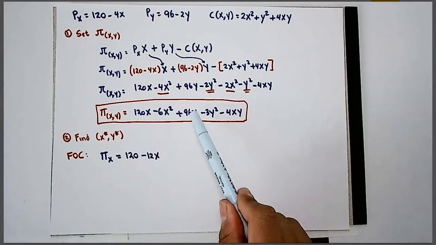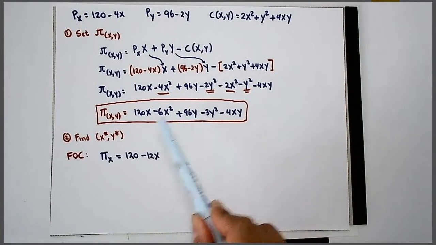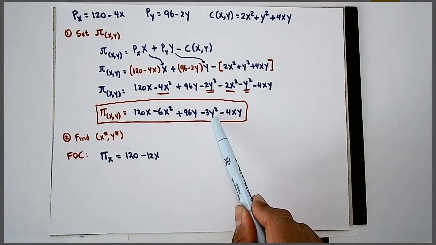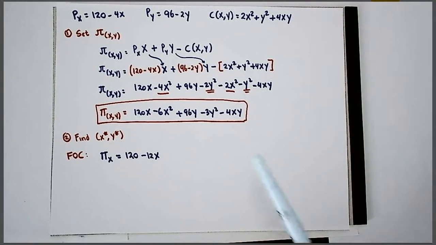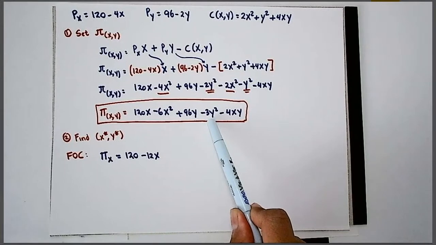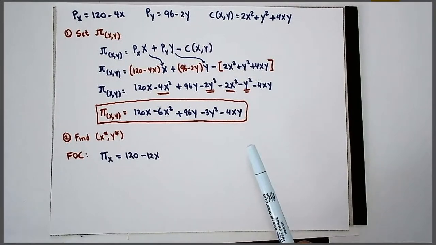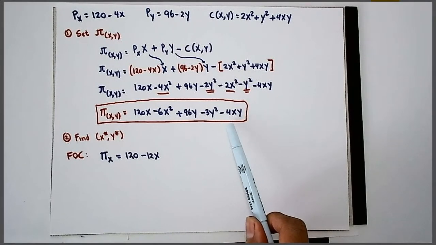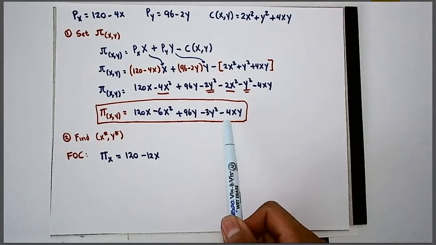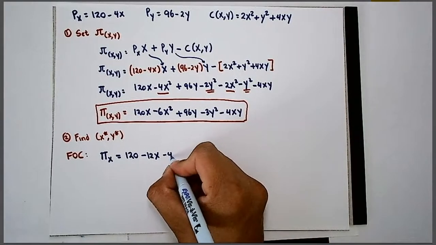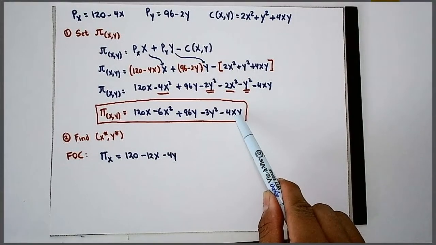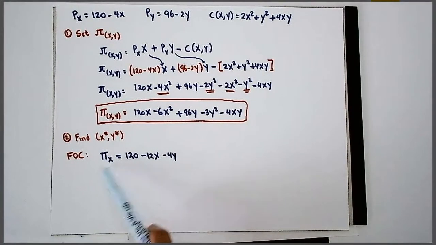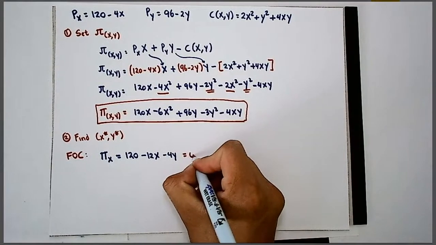The derivative of 96y with respect to x is 0, and the derivative of minus 3y squared with respect to x is also 0 because they do not contain x. Finally, here we have the constant part, which is minus 4y, and then the derivative of x with respect to x is 1. And then we set this equal to 0.